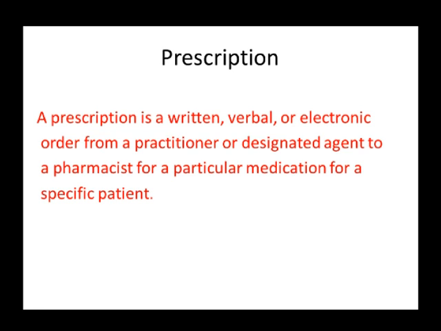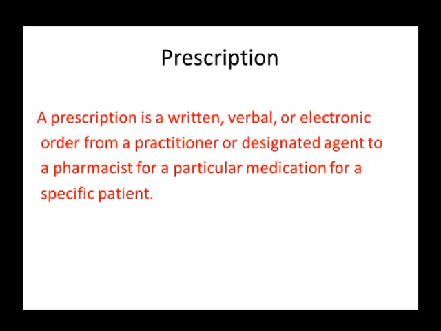Any doctor or a dentist who has a registration name and has a license to practice gives a kind of an order to a pharmacist, and this order is what we call a prescription. Usually this order is placed in a written format.